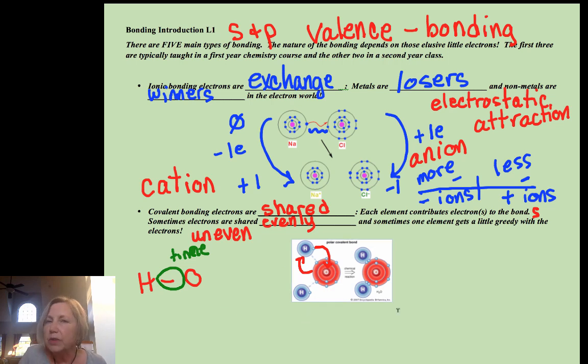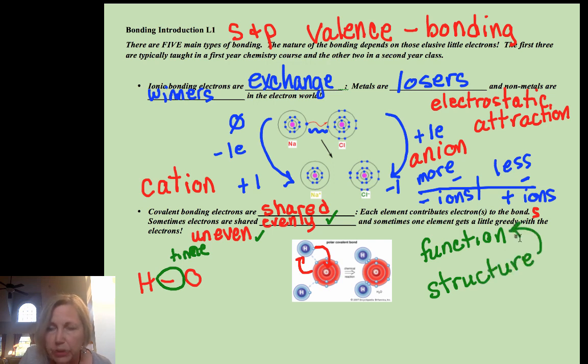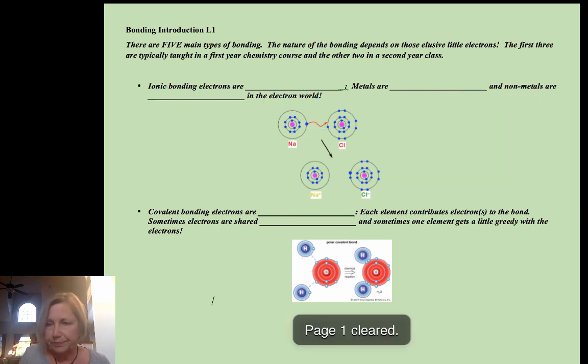Okay, so that's one of the things we want to talk about, because that even and uneven sharing gives rise to very different functions. Structure determines function. So if we change structure, the structure that we have will help determine and help us predict its function. Okay, so that's the basics of covalent. Remember, this is just an introduction.